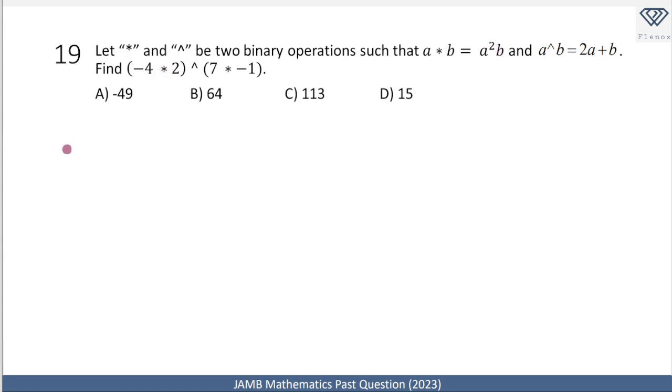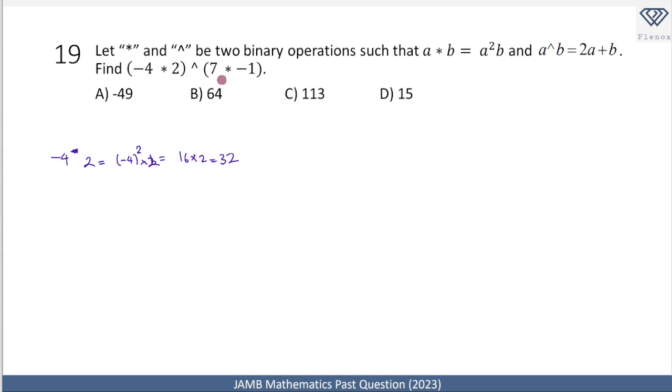So when I'm going to try to solve what is in these two brackets, minus 4 star 2 will just be equal to, the formula says we should take the first number and square it, a squared, so that will be minus 4 squared, and we multiply by the second number, b. Now minus 4 squared is minus 4 times minus 4, which is 16, times 2, and that is 32.